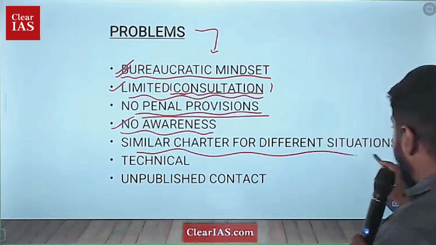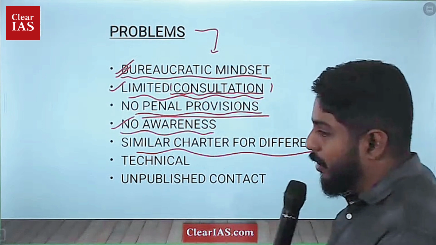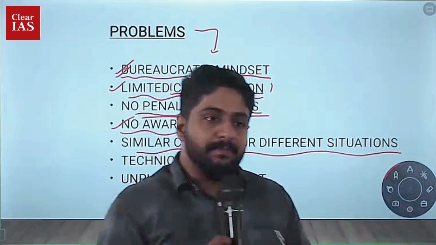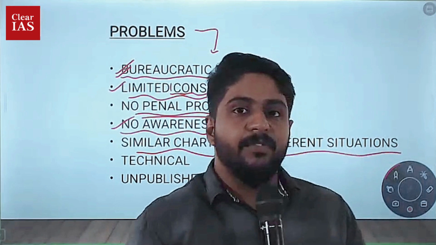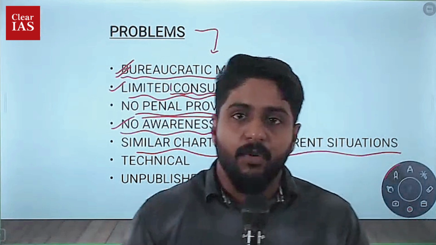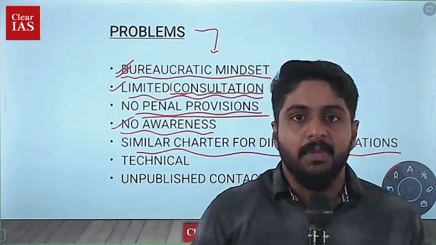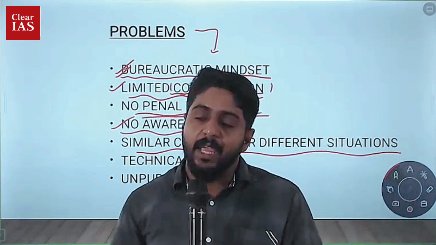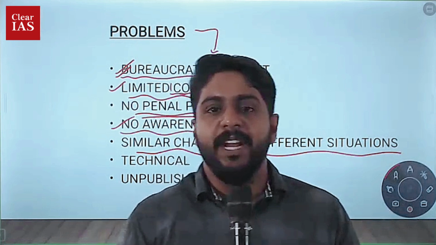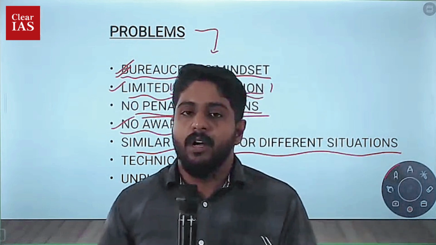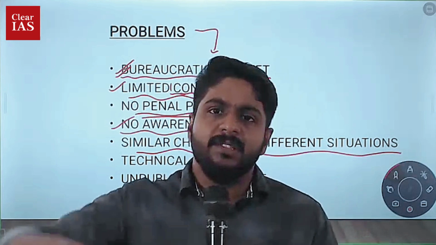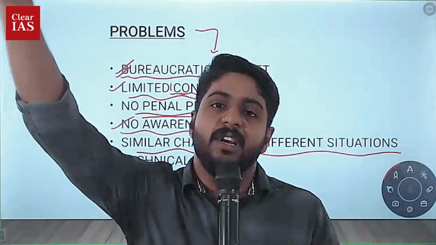Similar charter for different situations, isn't it? I have already told you, for example, a post office in Delhi can provide for the speedy transfer of couriers or post, etc. But can you expect the same kind of speedy delivery or transfer of parcels from the remotest area of, say, the northeastern part of the country?